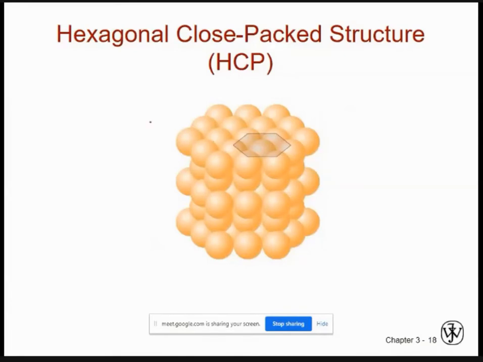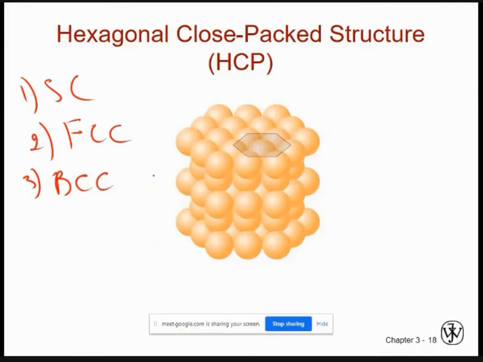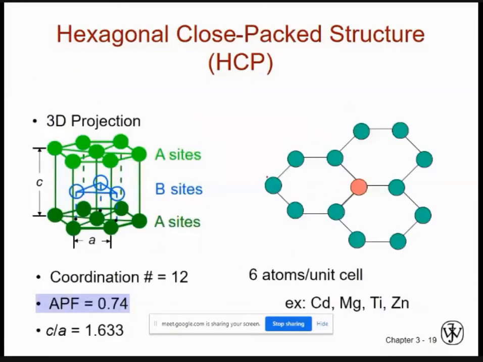So until now, we have discussed 3 cubic structures: simple cubic, face-centered cubic, and body-centered cubic. The next one is the hexagonal close-packed structure. In short, I will use HCP. If you see this pattern over here, a hexagon, and at the center of the hexagon, I have another atom. Let's take it out and analyze.